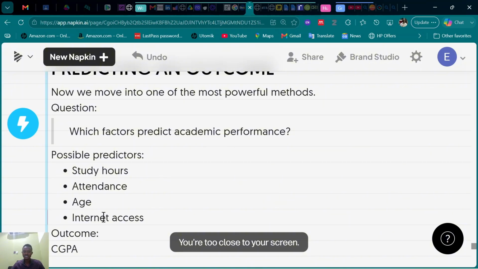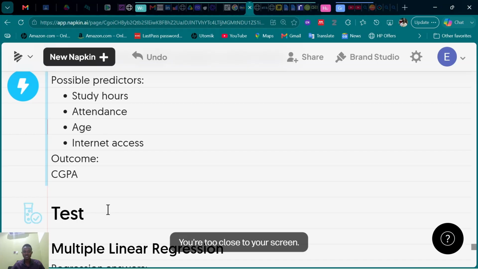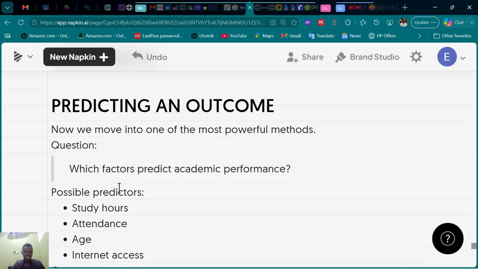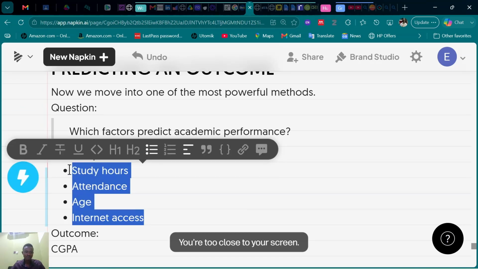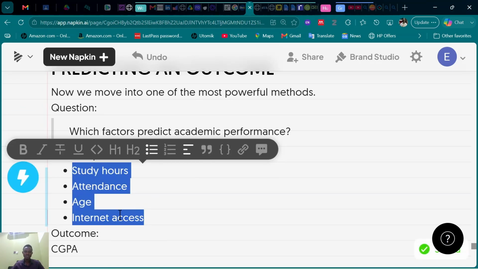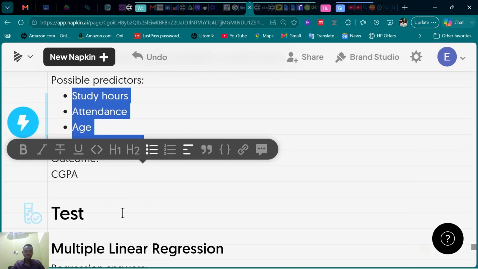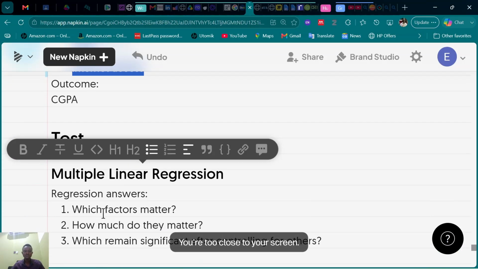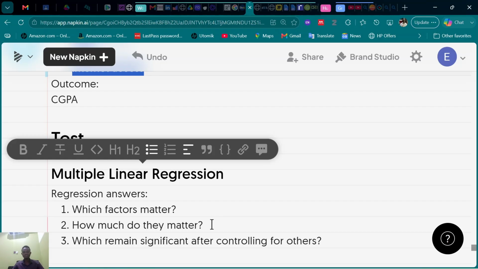Internet access can also have an effect on academic performance. So once you want to test whether any of these has an effect on academic performance, you have to run what we call multiple linear regression. It tells you which factors matter, how much they matter, and which remain significant after controlling for others.